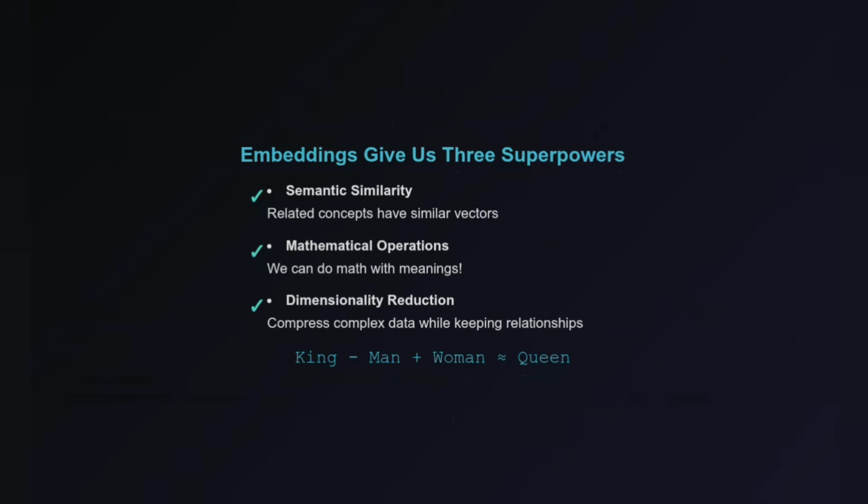Embeddings give us 3 superpowers. First, semantic similarity. Related concepts have similar vectors. Second, mathematical operations. We can do math with meanings. Third, dimensionality reduction. We can compress complex data while keeping the important relationships.